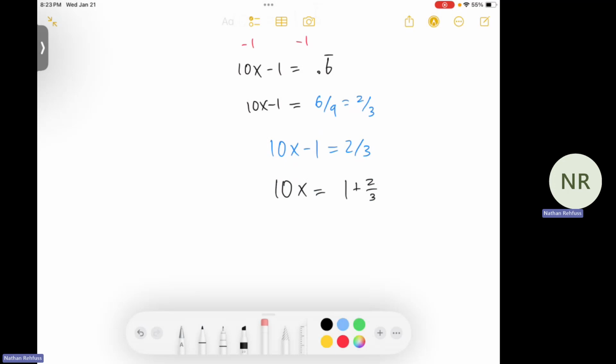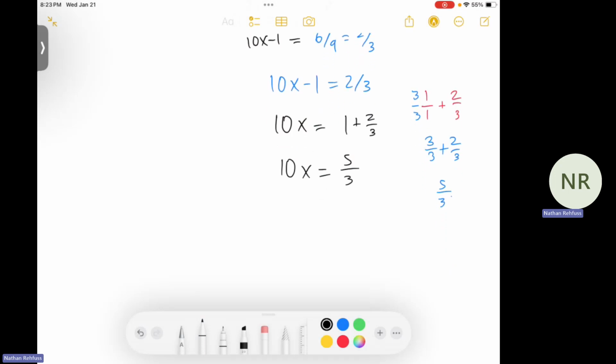How do we do 1 plus 2/3? You could call 1 divided by 1. The least common multiple of 1 and 3 is 3, so 1 is the same as 3/3. 3/3 plus 2/3 is 5/3. So 10x is 5/3.